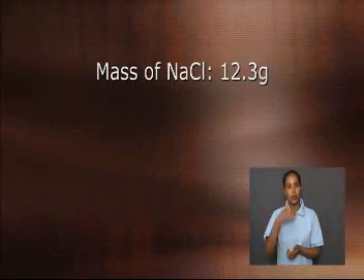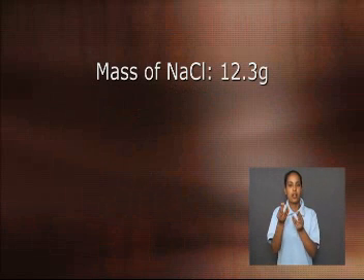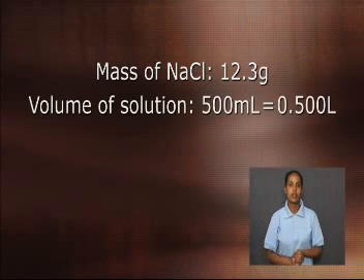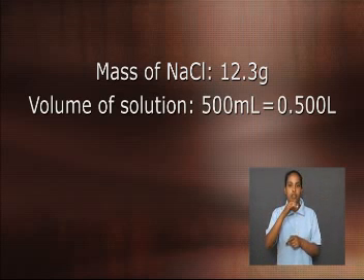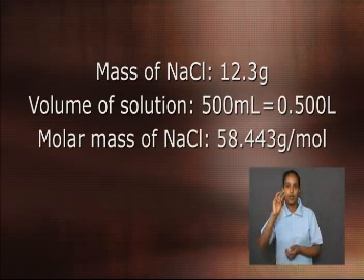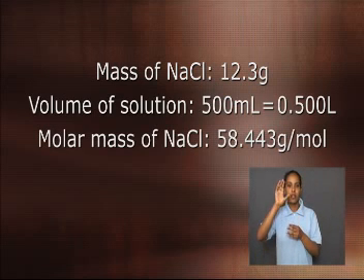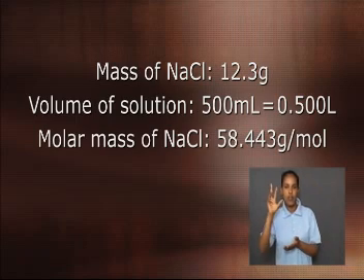We know that the mass of the sodium chloride is 12.3 grams. We also know that the volume of the solution is 500 milliliters, and the molar mass of sodium chloride is 58.443 grams per mole.